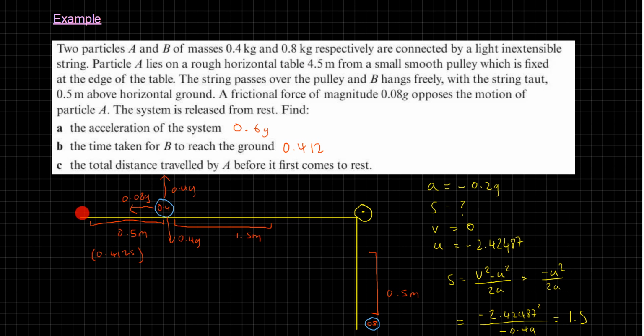So A was here, it was accelerating until it hit 0.5 meters, and then boom, B hits the ground, and now there's no more force pulling A along, and it's just decelerating under friction, and it decelerates and decelerates, and then eventually stops here. The total distance travelled by A before it comes to rest is therefore 0.5 plus 1.5, 2 meters.